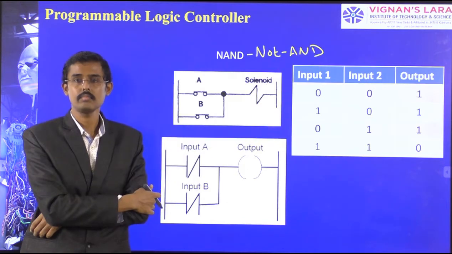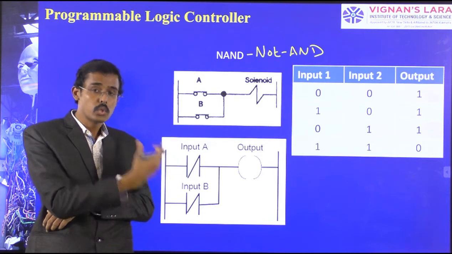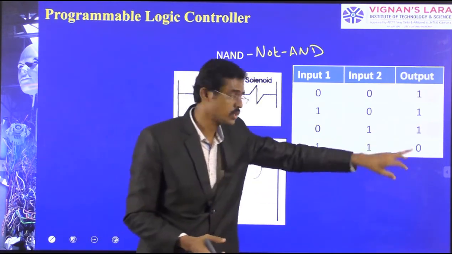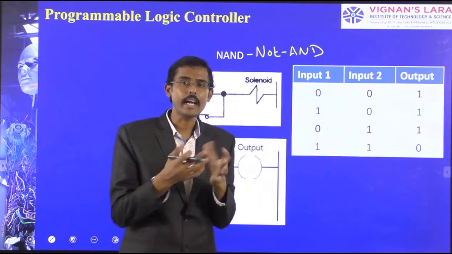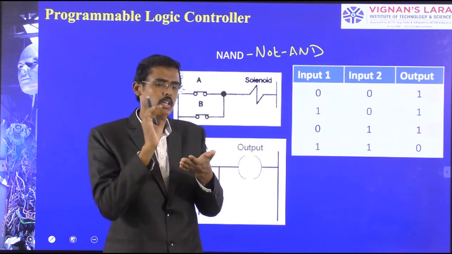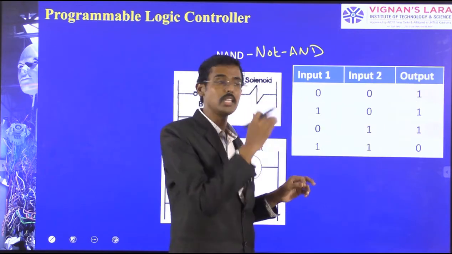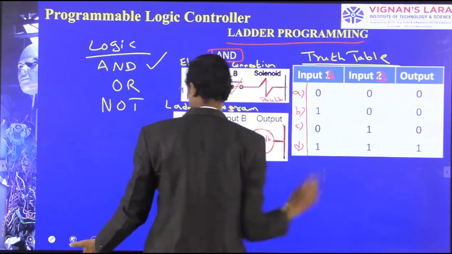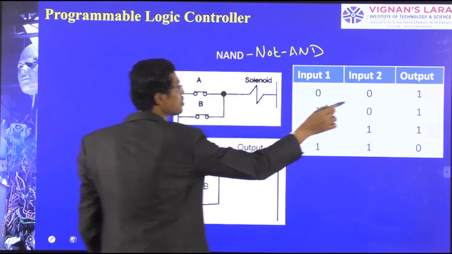If both are true, if both 1 and 1, the function should not happen. If the two are not activated, the sensor is not touched, the switch is not activated, at that time there will be 1. We have seen in the AND table 0, 0 is 0. But here in the NAND table 0, 0 is 1.